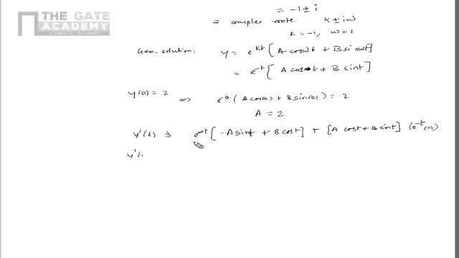Now substitute t = 0: e^0 times (-a sin 0 + b cos 0) plus (a cos 0 + b sin 0) e^(-0) into minus 1.